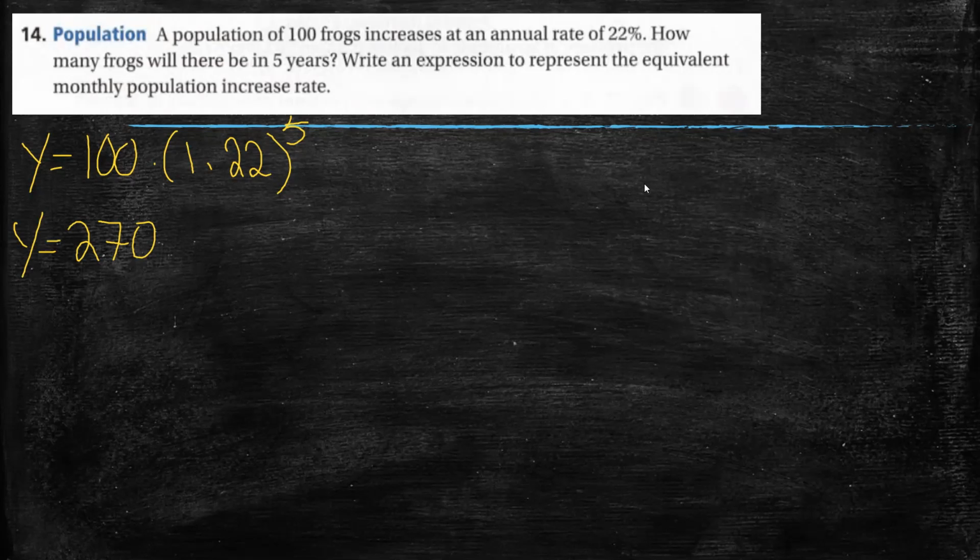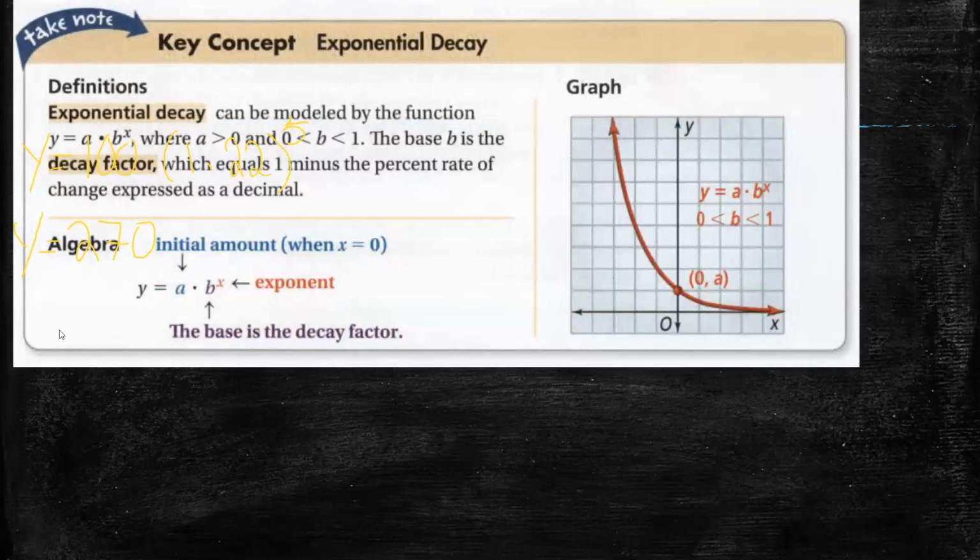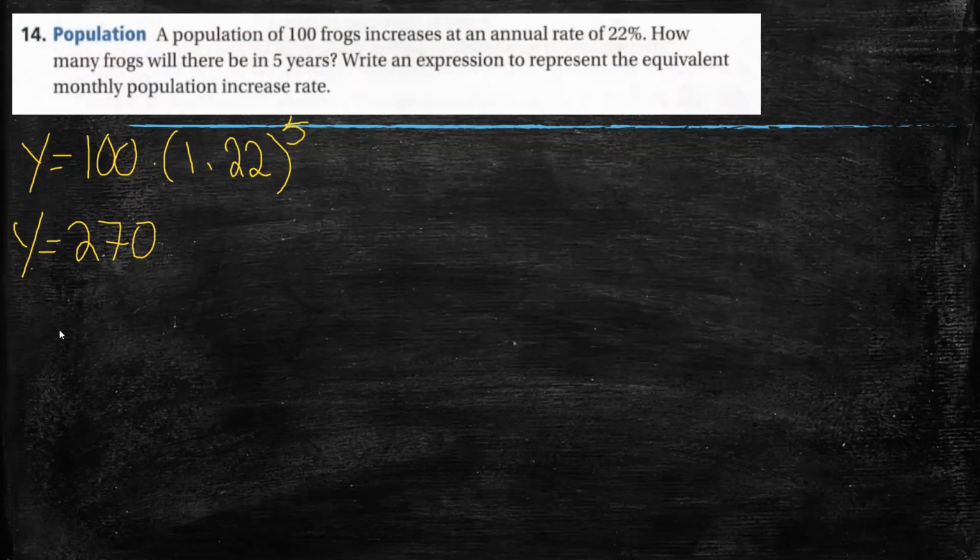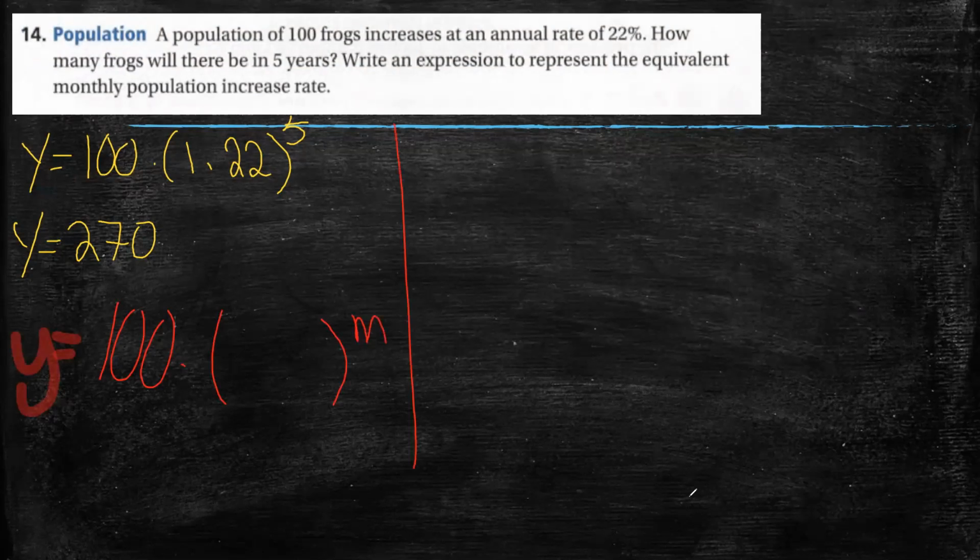For the second part, he asked me now to write an expression to represent the equivalent monthly population increase rate. Monthly population, not annually. In the first part, I'm talking about number of years. But here I want to write y equal 100 times something raised to the power m.